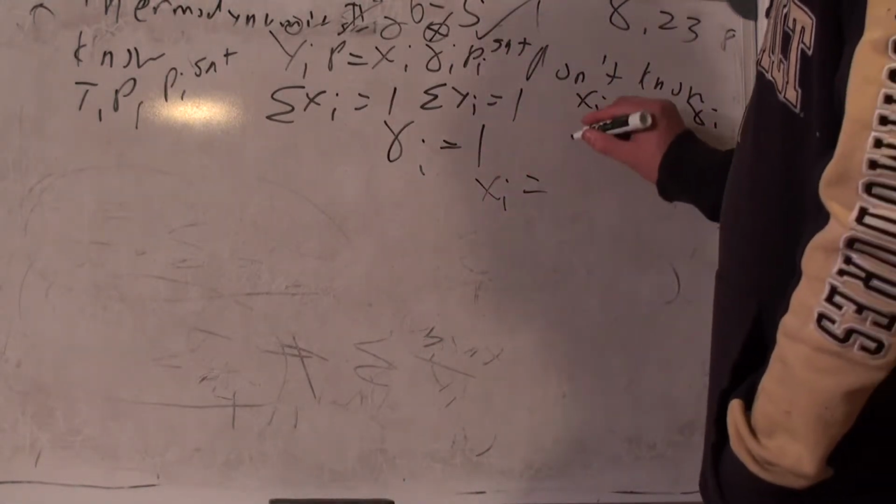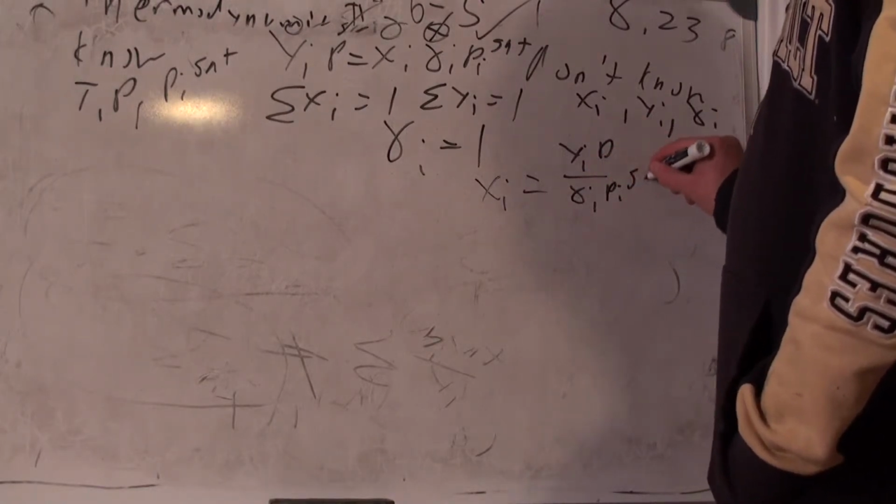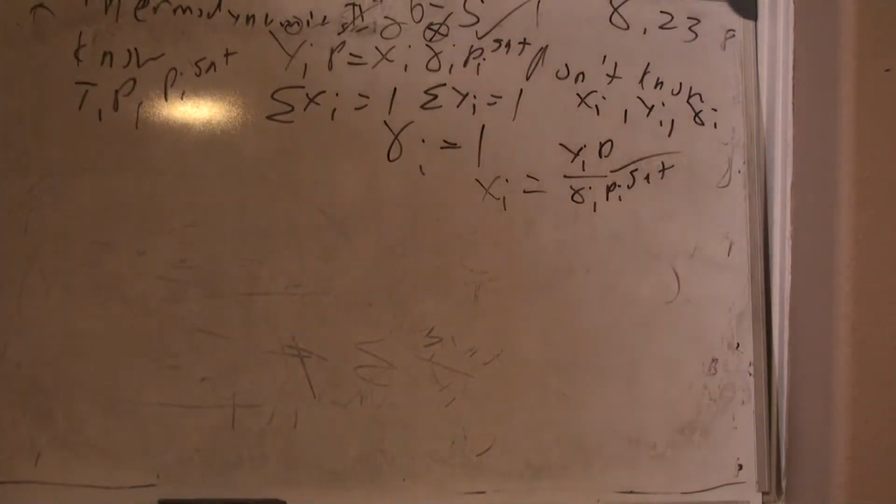So xi is equal to yi P over gamma i Pi sat. As a result, I ask myself, do I have a value for yi? No. Do I have a value for P? Yes. Do I have a value for gamma i? Yes. Do I have a value for Pi sat? Yes, because I know the T's.